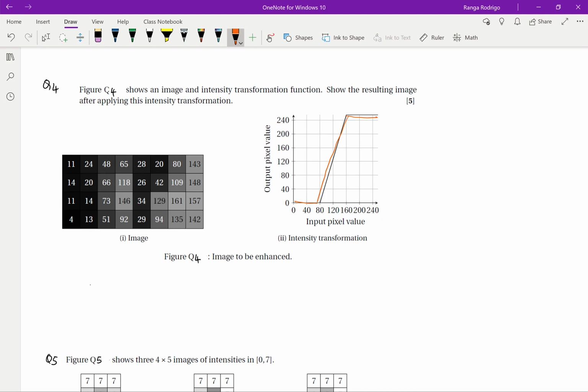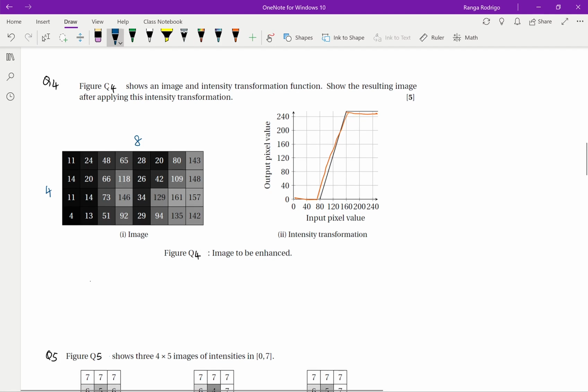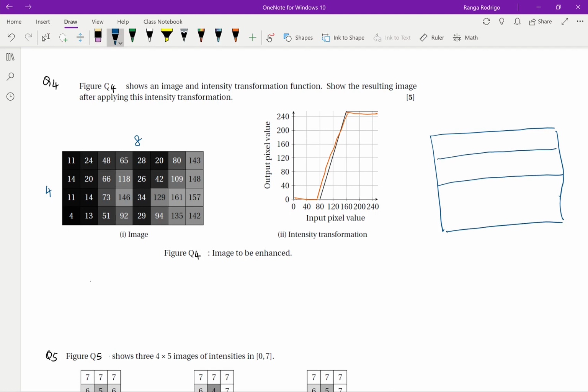So for this you have to sketch the output image. Now this is a 4 by 1, 2, 3, 4, 5, 6, 7, 8 image. I don't know why I have done that, such a large image. To sketch that. Bad idea.